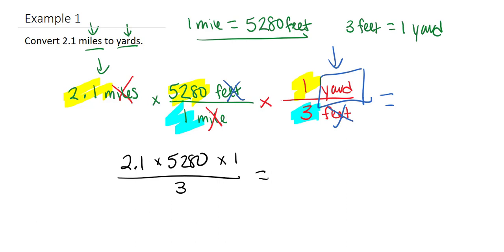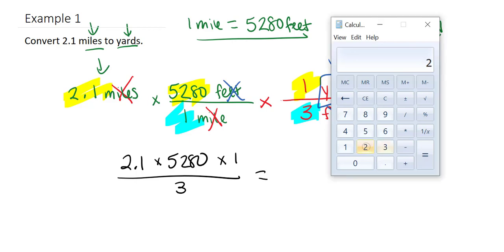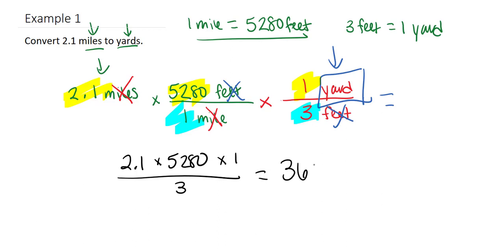Let's get our calculators out. 2.1 times 5,280 times 1, which will be itself. So we get 11,088. Now let's divide by 3, and we get 3,696. And what's our unit? It's yards.